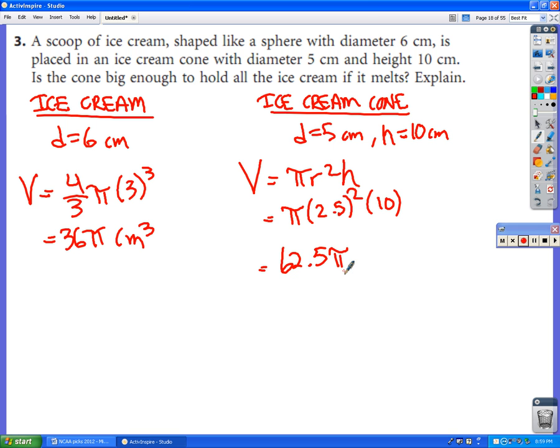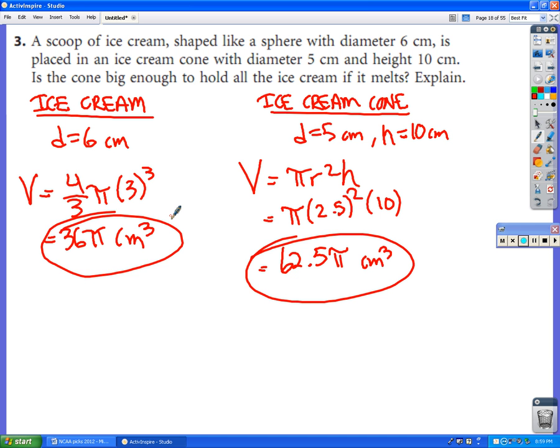So the answer is, if for some foolish reason you want to let all your ice cream melt and drink it instead of eating it, you got plenty of room in the cone for that, because the volume of the cone is way bigger than the volume of the ice cream.